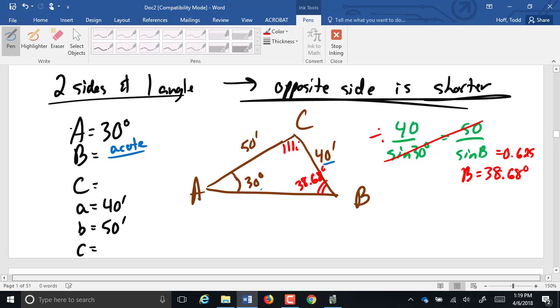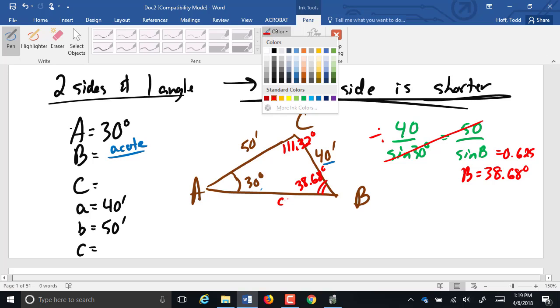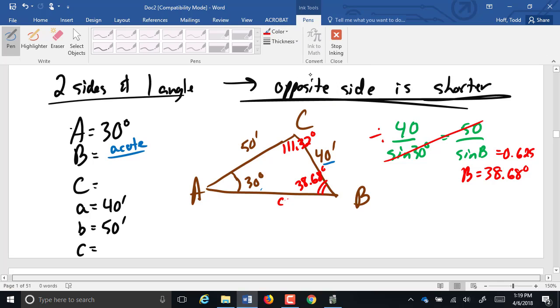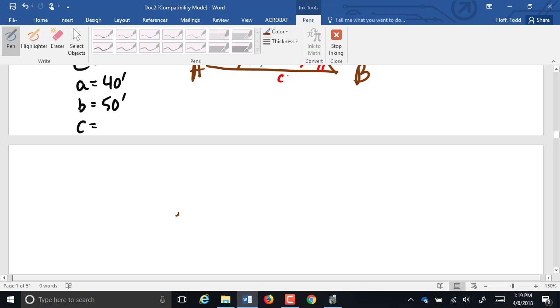Which makes this 111.32 degrees, correct? And you can find side C down here. So what if I told you that B is obtuse?